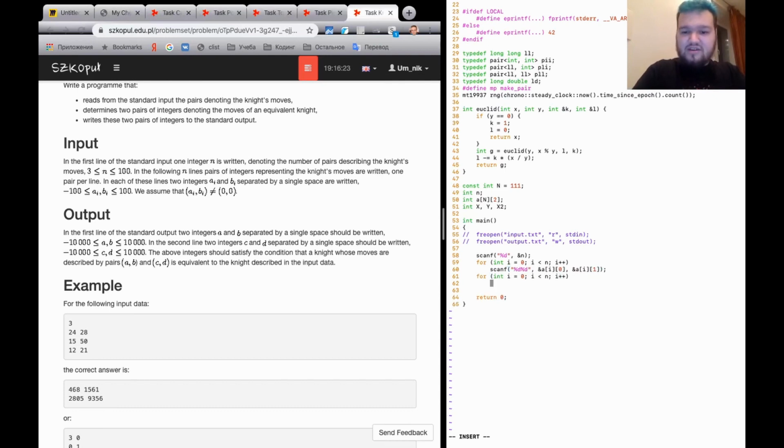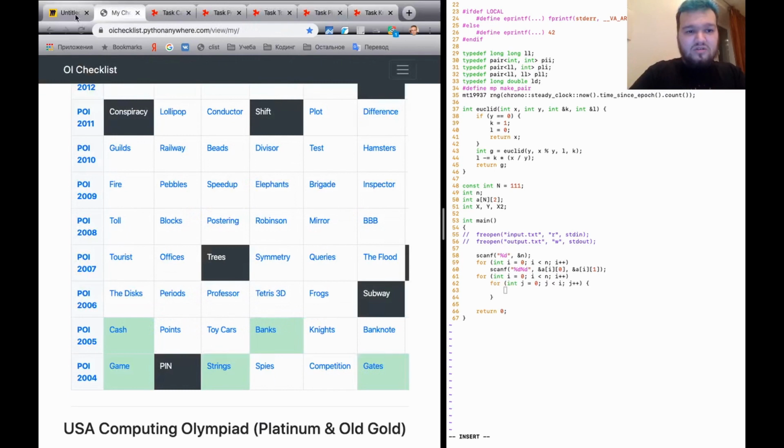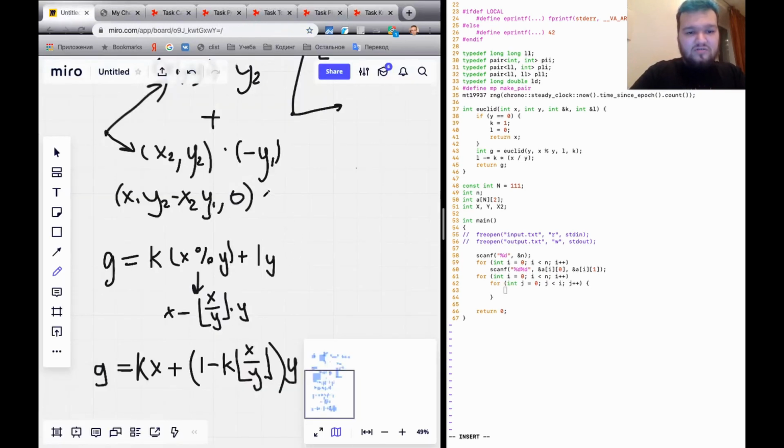Just want to find a pair which is not linear. I have the formula somewhere here. We will say this.